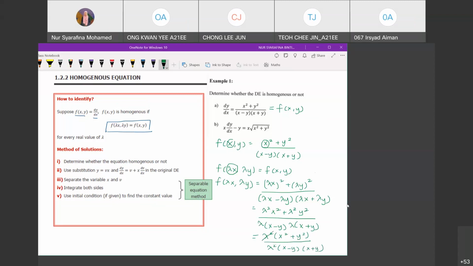So this one we can eliminate, and now it is f(x,y). So you can see here f(λx, λy) is equal to f(x,y). After you do some simplification and factorization, again you get f(x,y). So if they are proven to be equal, then we can say the function is a homogeneous equation. Understand? Any question?